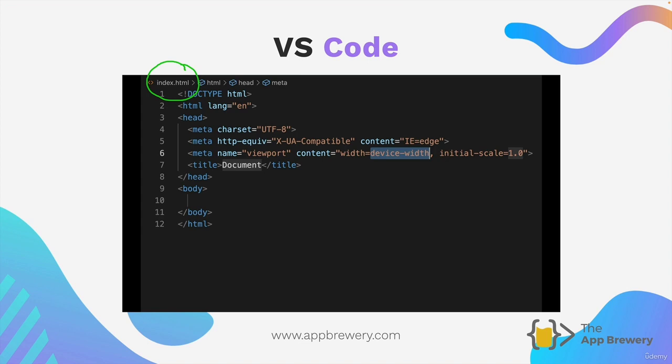Now, there's a couple of things here that we haven't seen before, a couple more meta tags, and there's a lot of other meta tags. But here we've got one line which says http-equiv X-UA-Compatible content IE=edge. This basically just keeps our code compatible with Internet Explorer.